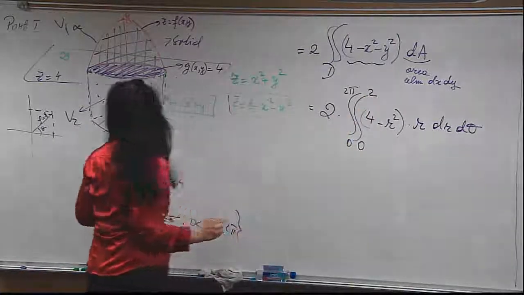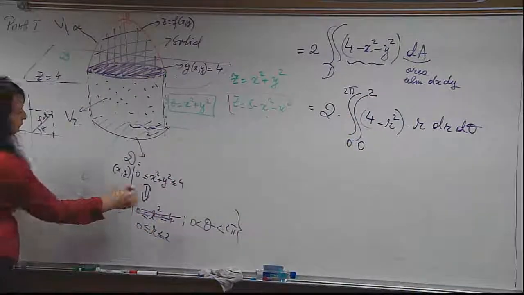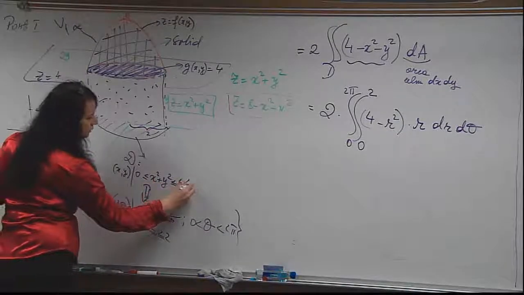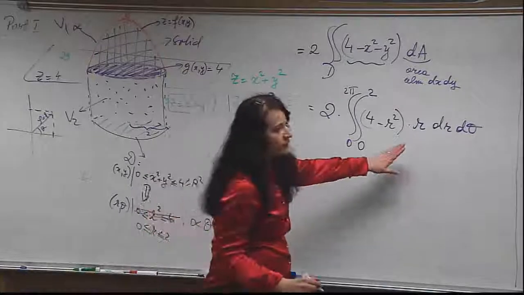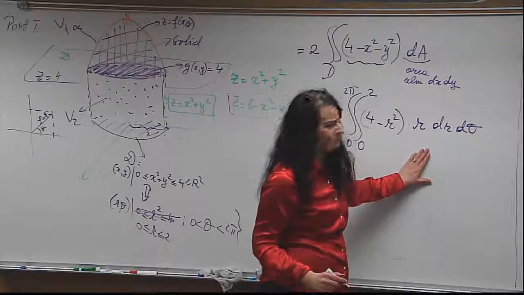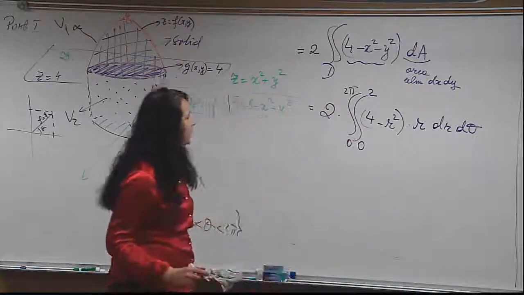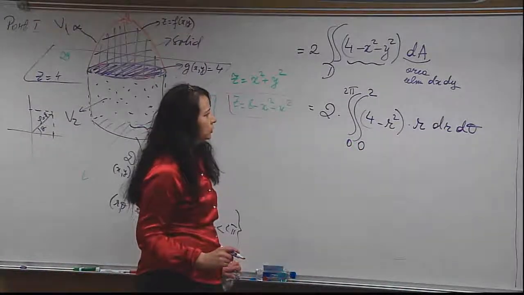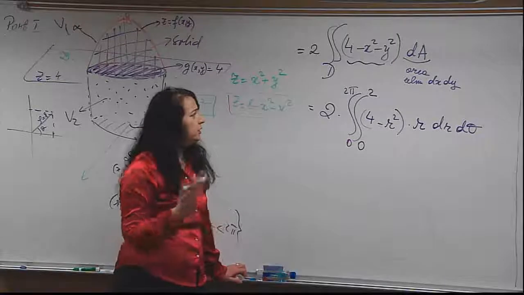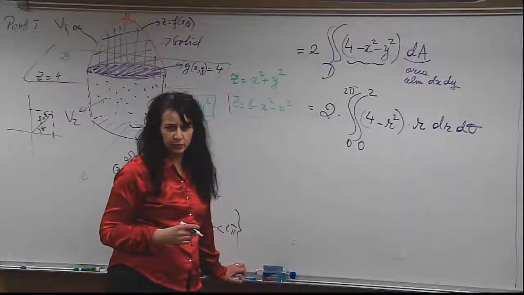Excellent, because when I had 4 here, that's the radius squared. So r is 2. Look at this integral. Is it hard? Nah, not so hard at all. So what would you do if you were me? Would you do a u substitution? Do you need a u substitution? This is silly. You don't need it.